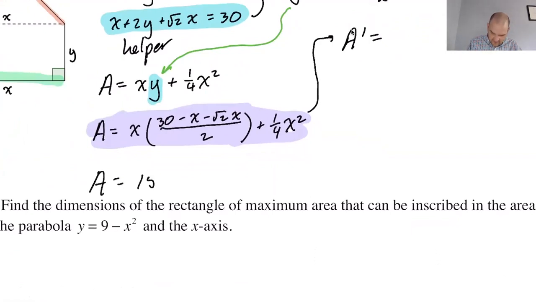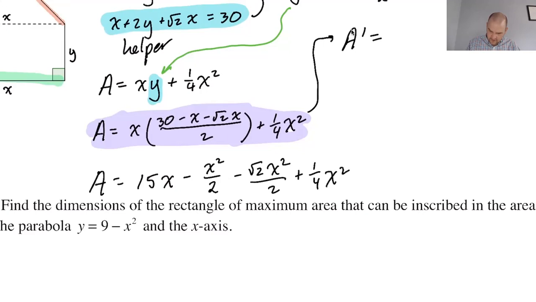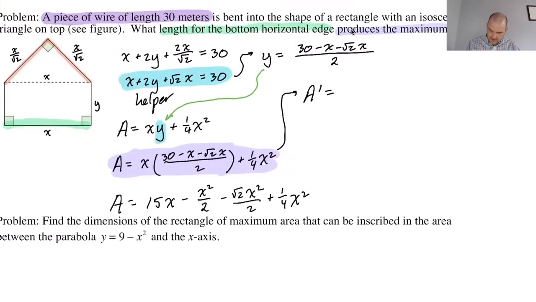So I get 15x, since 30 over 2 is 15, times x, minus x squared over 2, minus root 2x squared over 2, plus 1/4 x squared. Let's find the derivative of that.